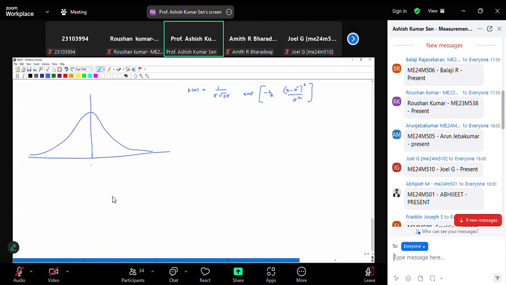This is basically your x mean. This is your P(x), the y-axis, and this is your x-axis, and this is where the true value is, or you approximate it as the mean value. Here you have taken x prime to be x mean.